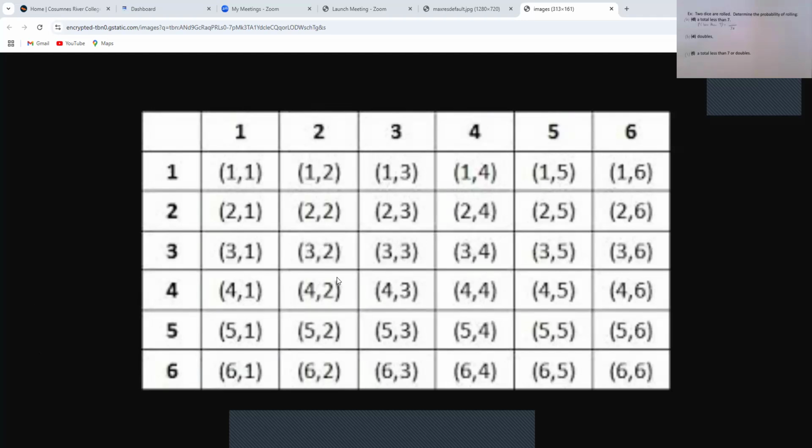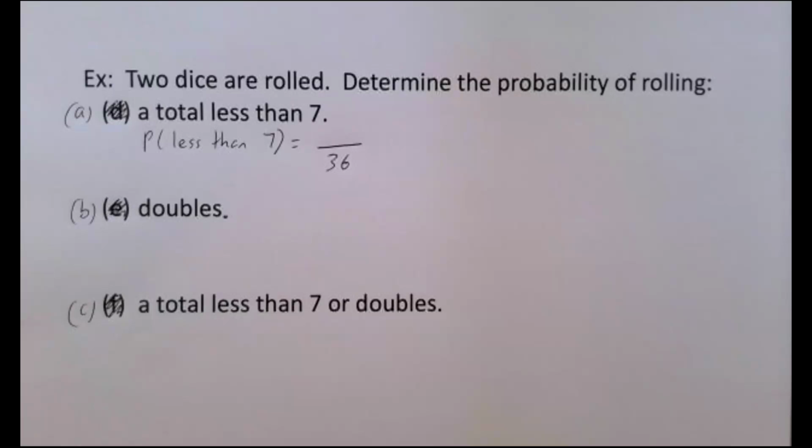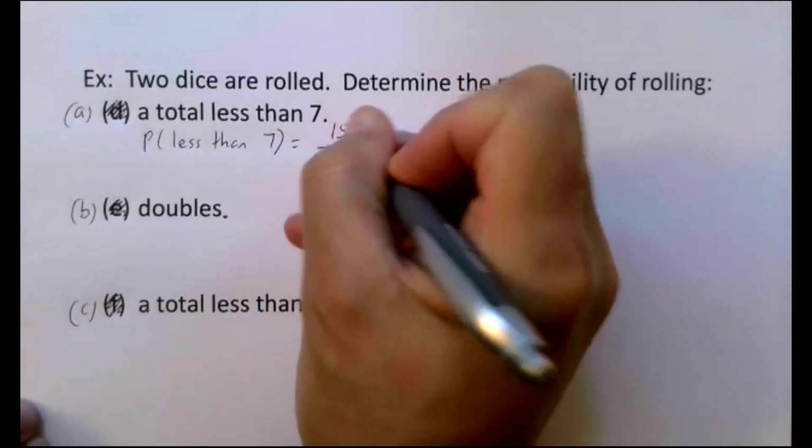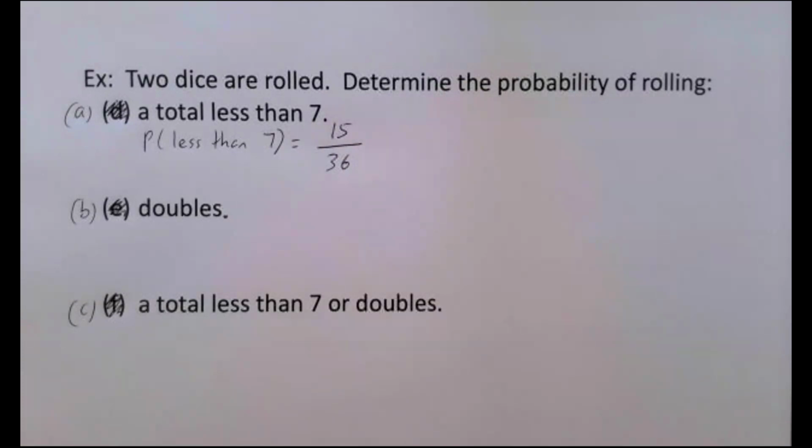There are these 5 right here that add up to 6. There's 5 of those, and then 6, 7, 8, 9, 10, 11, 12, 13, 14, 15. There is a 15 out of 36 chance that if you roll two dice, the total you will get is going to be less than 7.